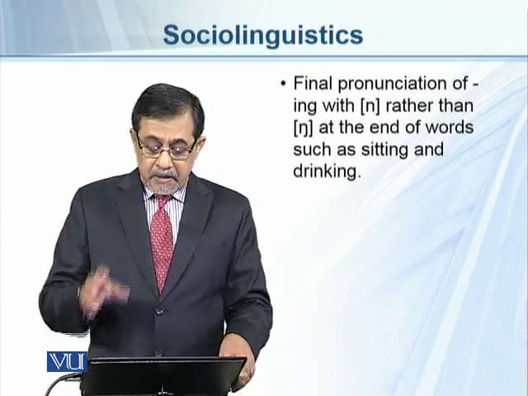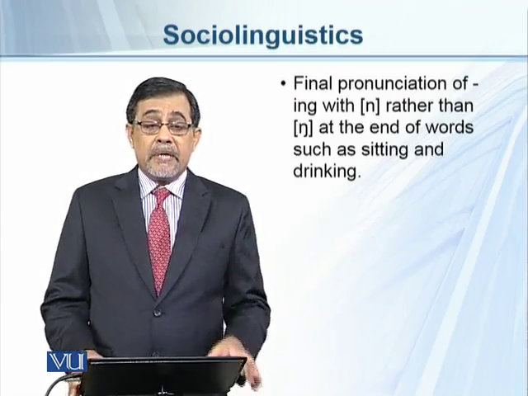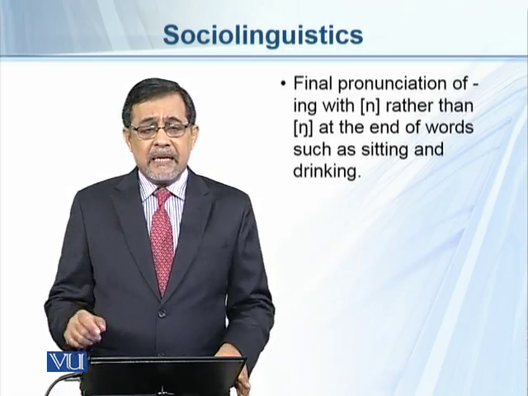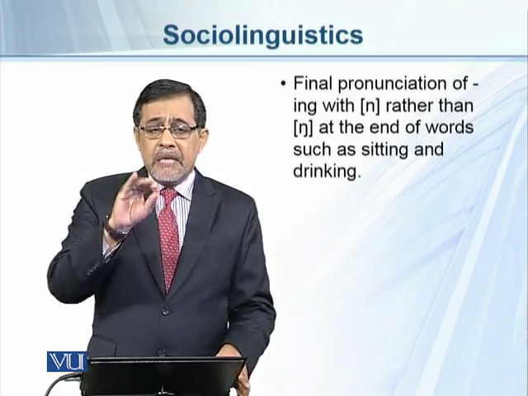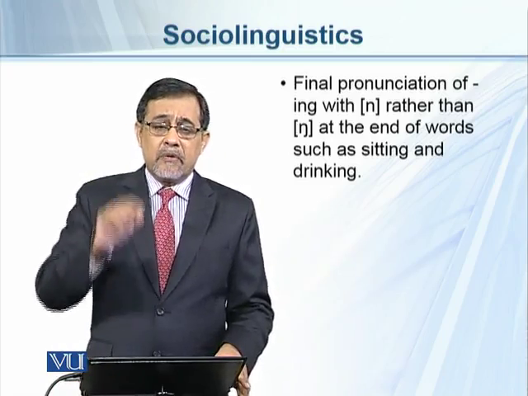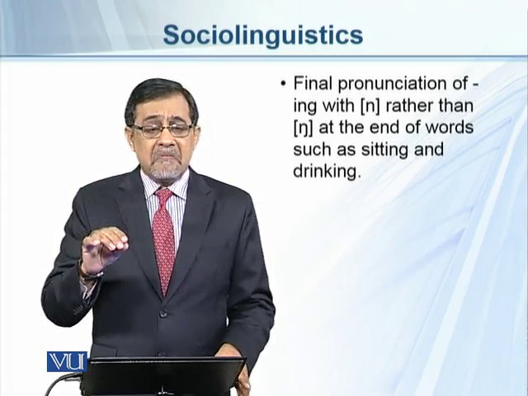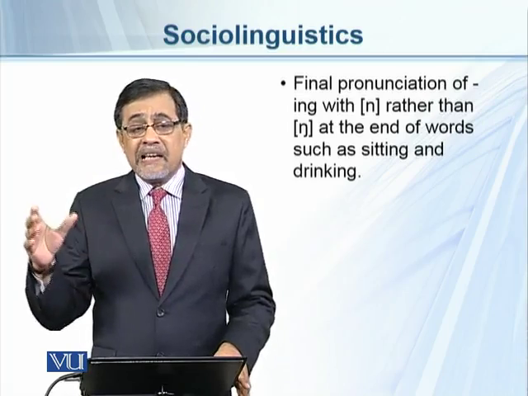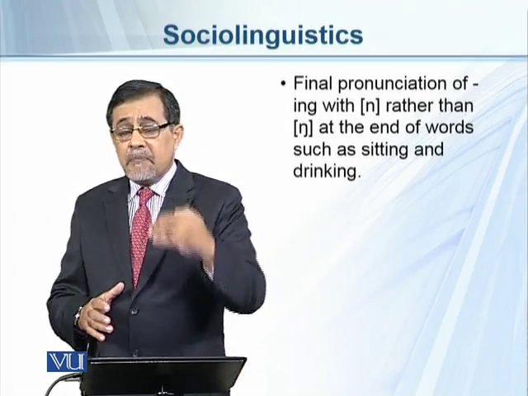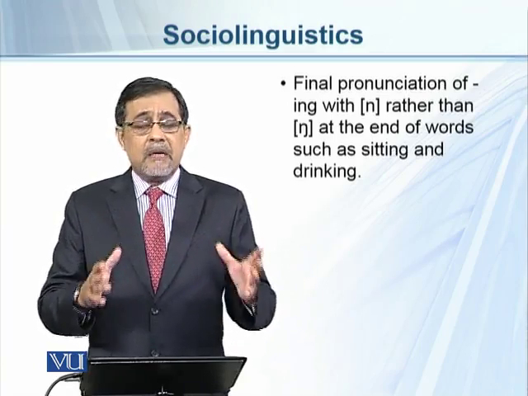For example, illiterate people generally, when pronouncing the -ing suffix in a word like sitting, do not pronounce the last sound; they pronounce sittin' or drinkin' instead of drinking, right? So these are the differences which set people apart from each other on these linguistic markers.